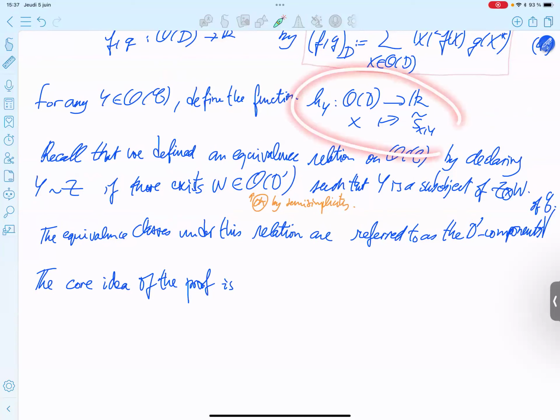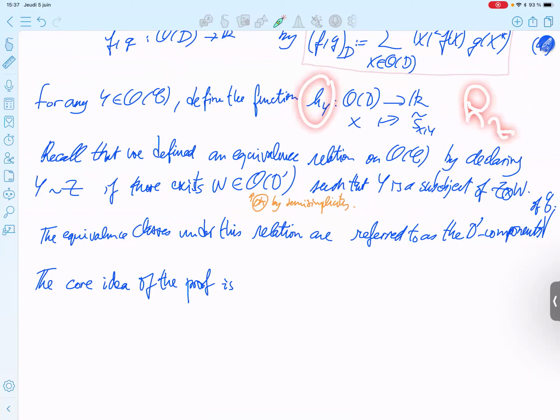We want to show that if you define a function hy and you define a function hz, these two functions are equal if and only if y and z belong to the same D prime component. This may be surprising. In fact, you can have y and z that are in the same component, but they are not isomorphic. They are just in the same component, but this is enough to get that this function is the same. And in fact, the converse is also true.